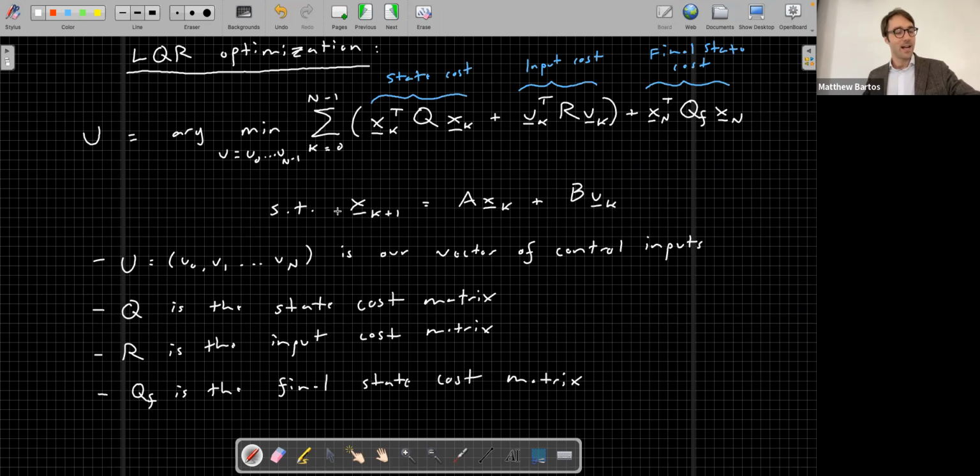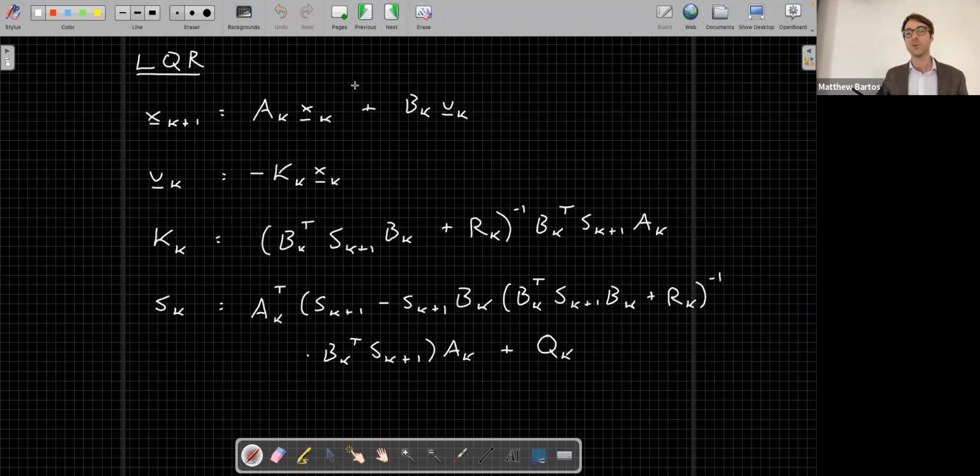In the notes, I have a very long derivation for how one can find the optimal solution to this problem. But ultimately, it is given by the following recurrence relation. And you don't have to write this down. It's in the notes, and you can just find it online.